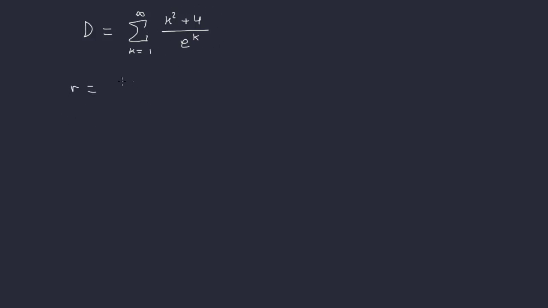So we'll look at r, which is the limit as k goes to infinity of the k plus 1 term. So we need to be careful here. This is k plus 1 all squared plus 4 all over e to the k plus 1 times, and then just the k term flipped over.